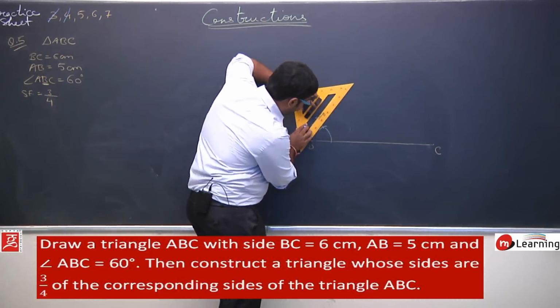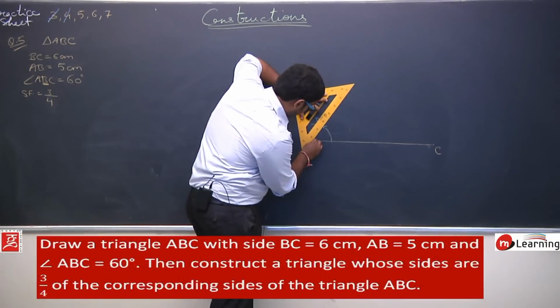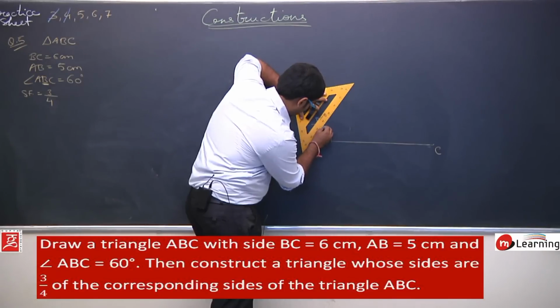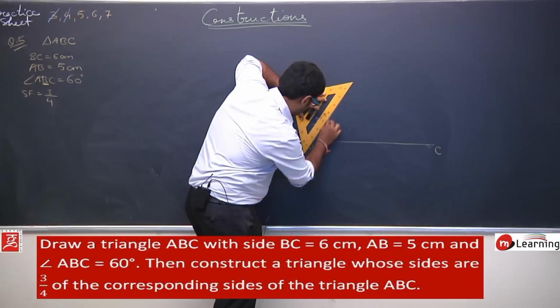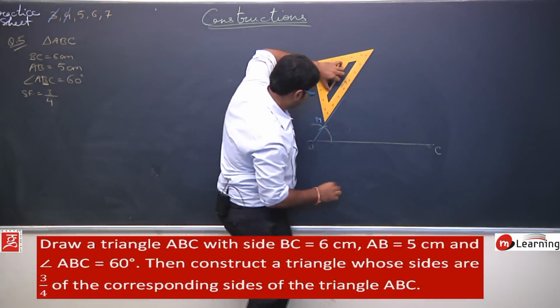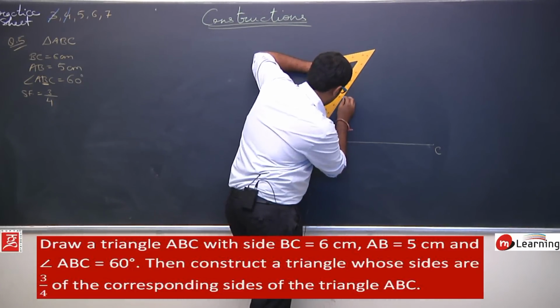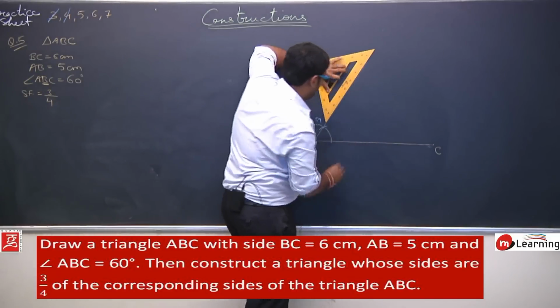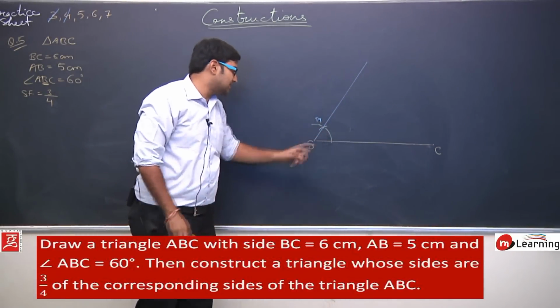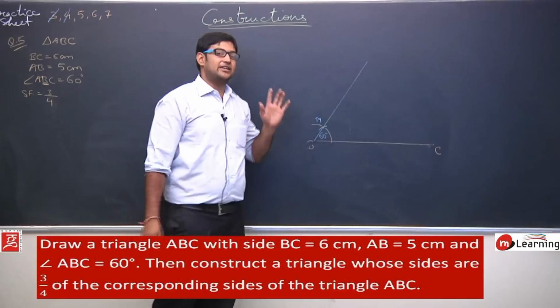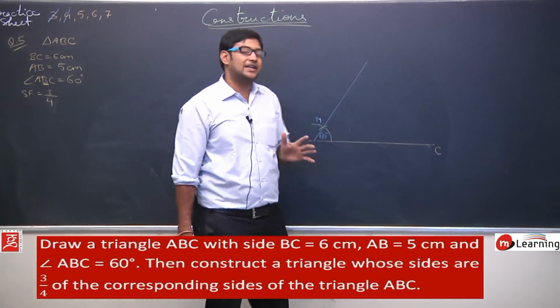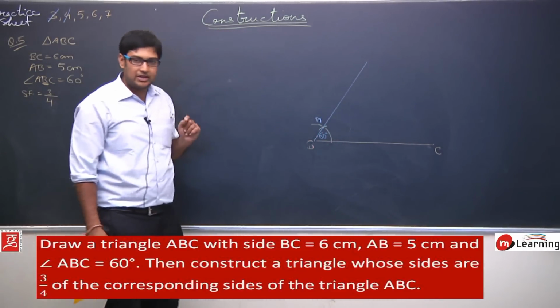So let us join this B and M. Like this, and extend this, and you will get this angle as an angle of 60 degrees. This angle will be 60 degrees. So have you got the method to mark a 60 degree angle using your compass? It's very, very important.